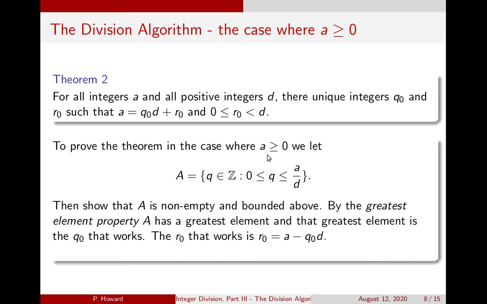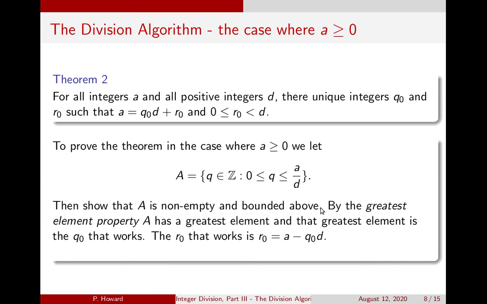And the plan for the proof is, given a non-negative a and a positive d, we let capital A be the set of integers q that are between 0 and a over d. And then the proof will consist of arguing that A is non-empty and bounded above.